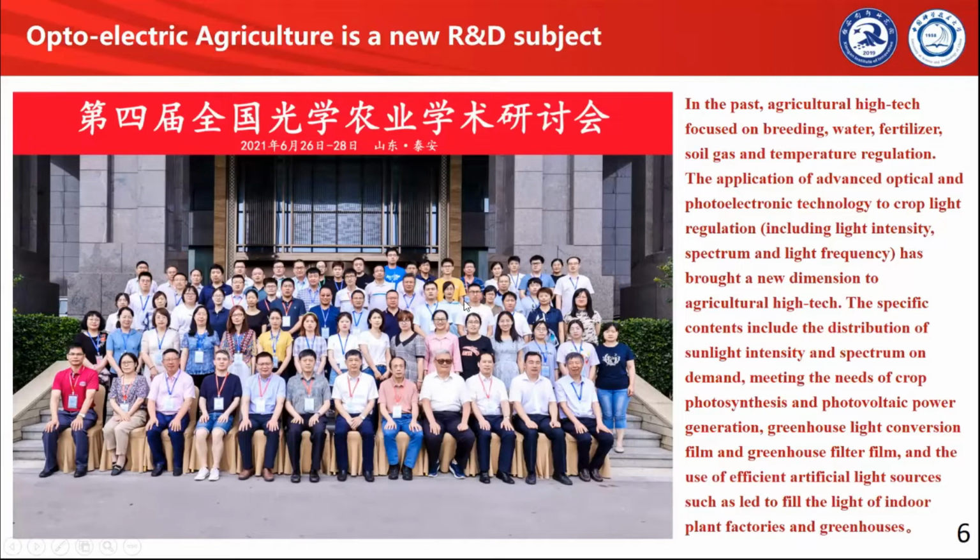Before that, advanced agriculture technology was mainly about DNA management and fertilization. Light management is very weak, not much control, and we try to combine optoelectronic technology with agriculture. This is getting more and more attention, and gradually many people are getting involved.